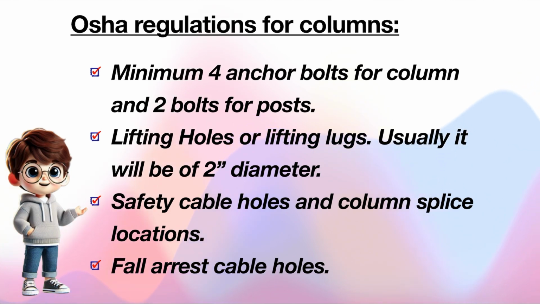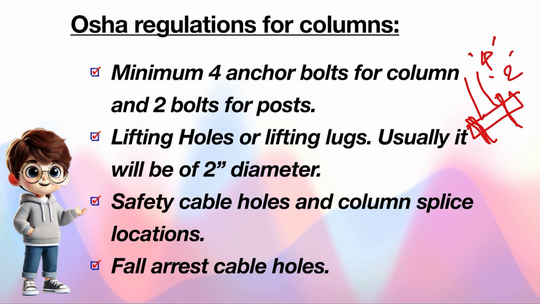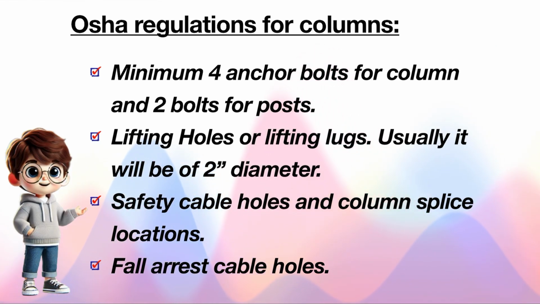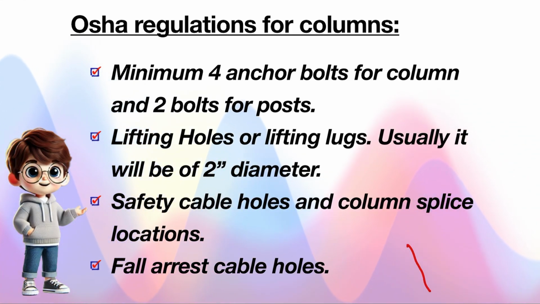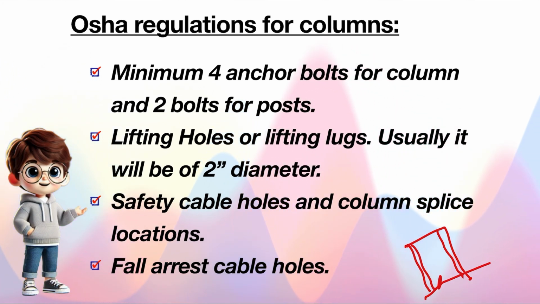At the column base plate condition, these are what we call anchor bolts. So these anchor bolts should be 4 for a column, and if it is a post it should be a minimum of 2. And then lifting holes or lifting lugs. What are lifting holes and what are lifting lugs? For example, if you take a W column, this will be the top of the W column.